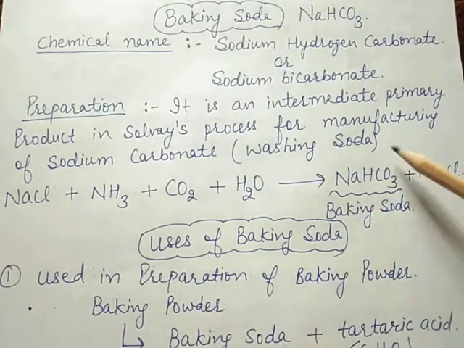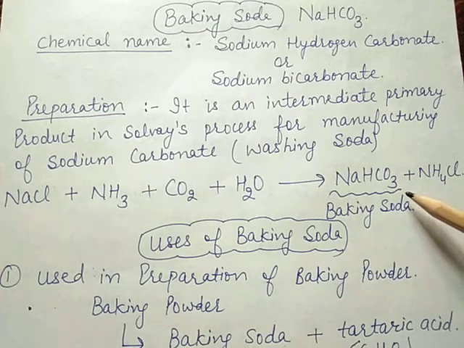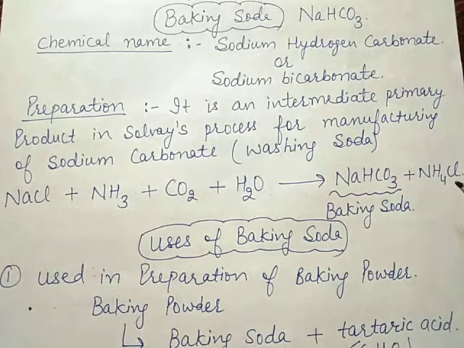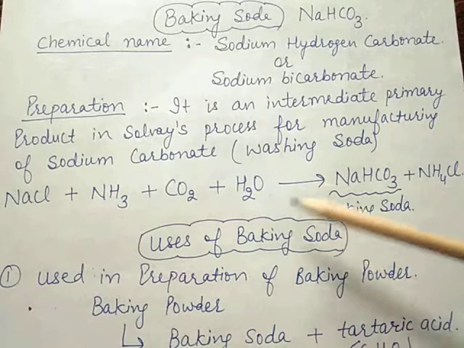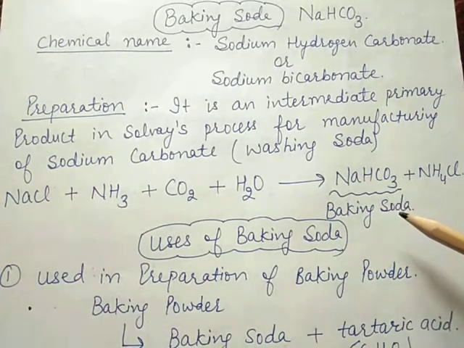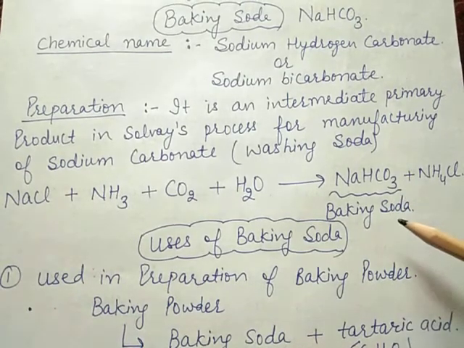After that it will form NaHCO3, which is called baking soda, plus ammonium chloride. Then the baking soda, which is sparingly soluble in water, can be removed by the filtration method.